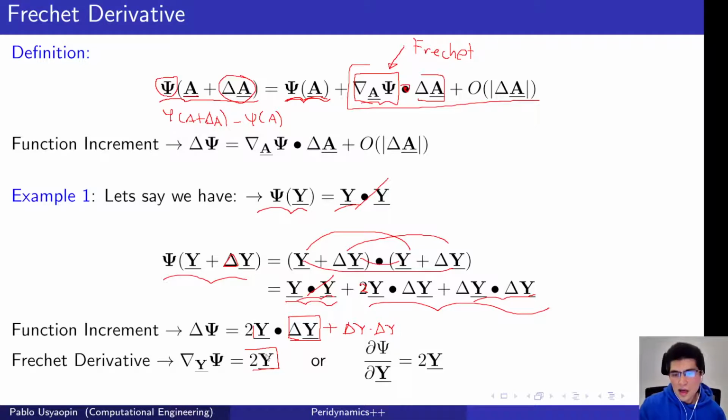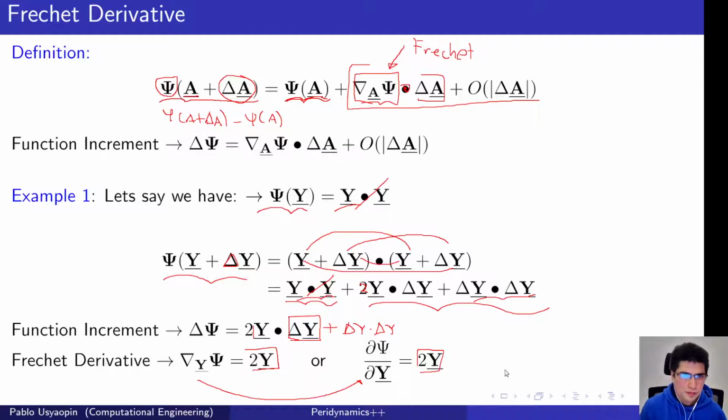Yes, and this terminology means the same as this one here, because instead of using the nabla operator, you can instead use the partial derivative of phi with respect to y, and this will be equal to this part. All right.